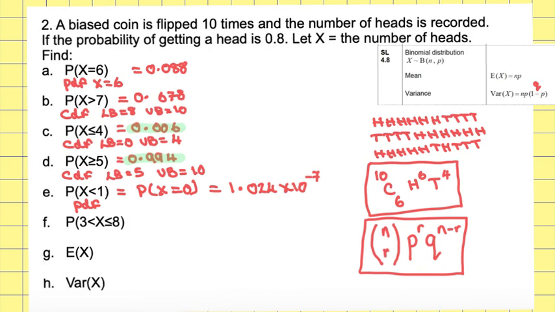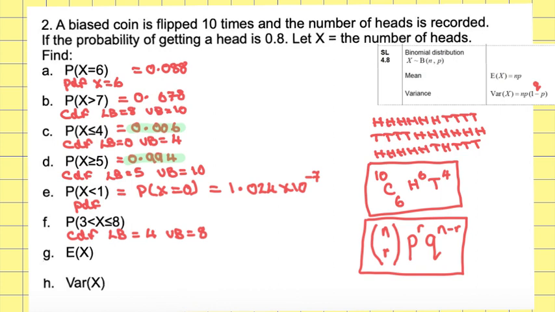Part F, the probability that x lies between 3 and 8. And if you look at the inequality, 3 is not included. So the lower bound, so you use CDF with a lower bound equal to 4 and an upper bound equal to 8 because 8 is included.